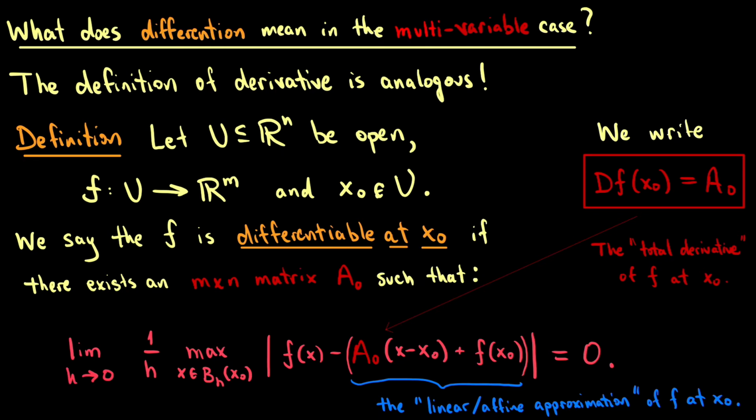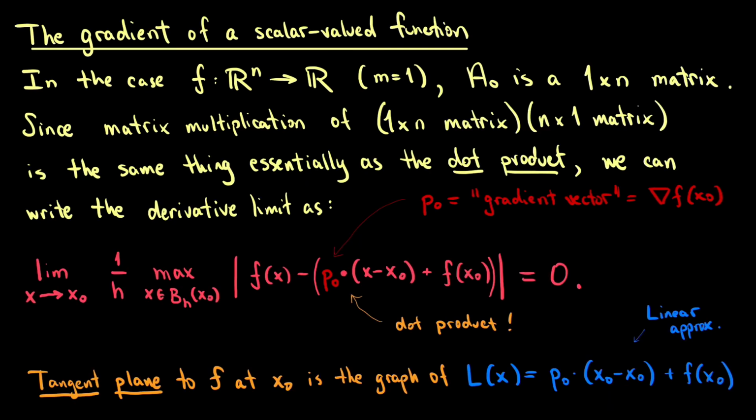All right. Let's talk about what happens in the case when the target is one-dimensional. So m equals 1. Okay, so we're talking about the gradient of a scalar-valued function. Scalar-valued. So here this is R, m equals 1. In this case, A naught is a 1 by n matrix, 1 row and n columns. So it's a row vector.